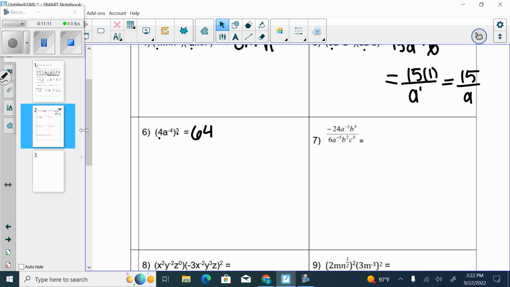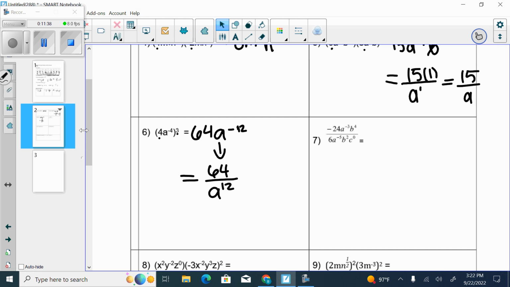Not add. Times. Multiply. Very good. So negative 4 times 3 is what? Negative 12. So I have a to the negative 12. And how am I going to fix this? Right, just move the a to the bottom. Do I move the 64? No. So I'll have 64 over a to the 12.